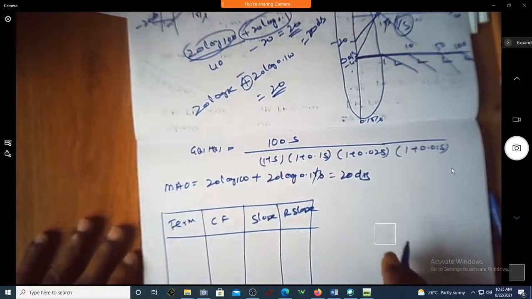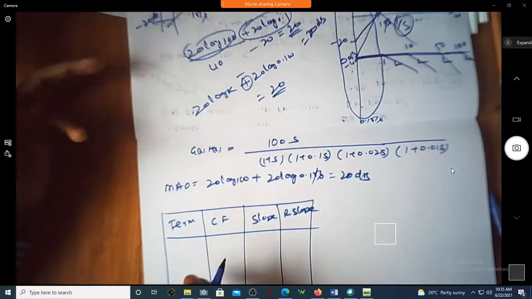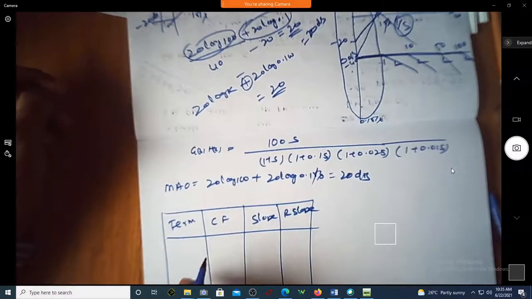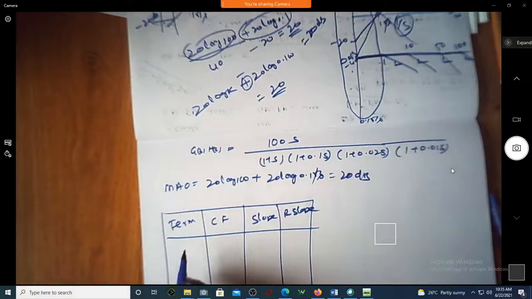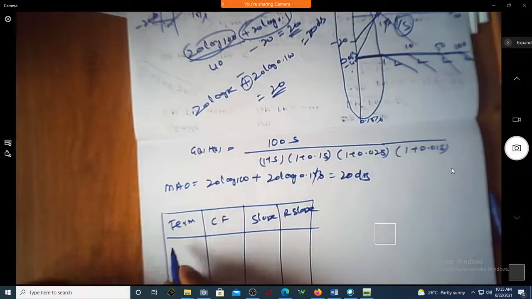Can you start telling the table terms? Who is there with me? Start telling the terms. Ayush, can you tell me the terms?